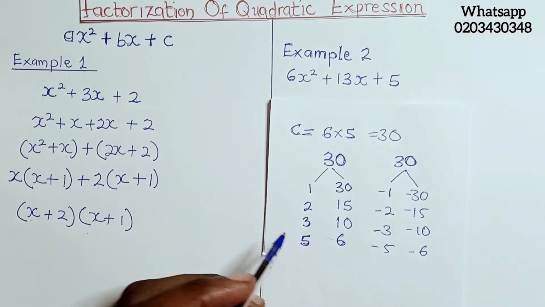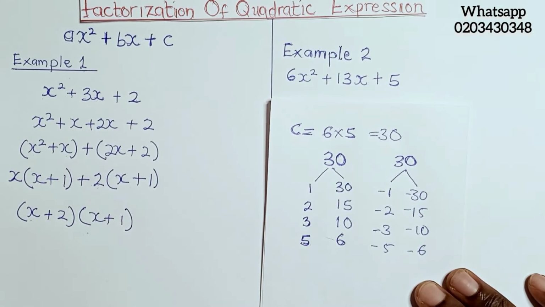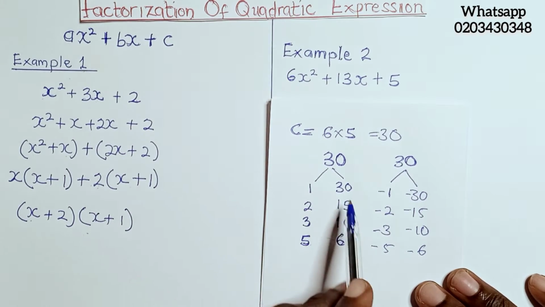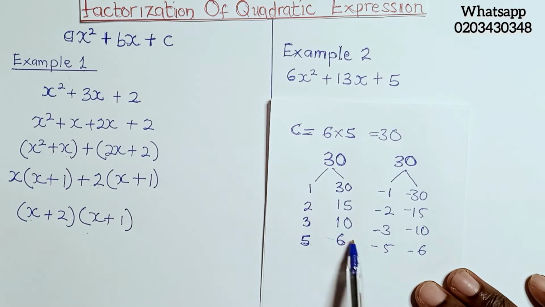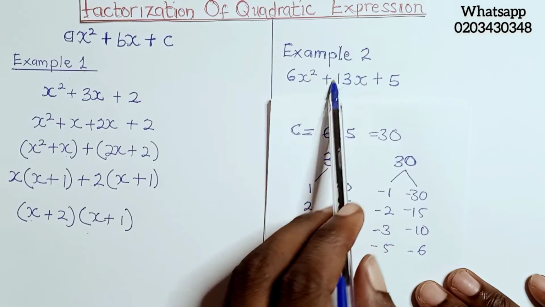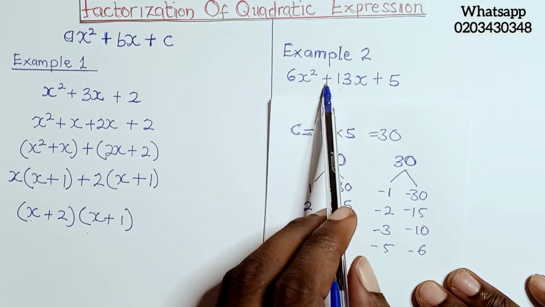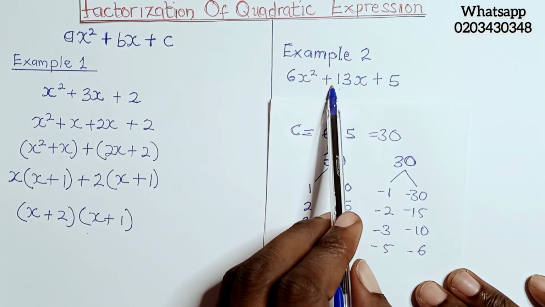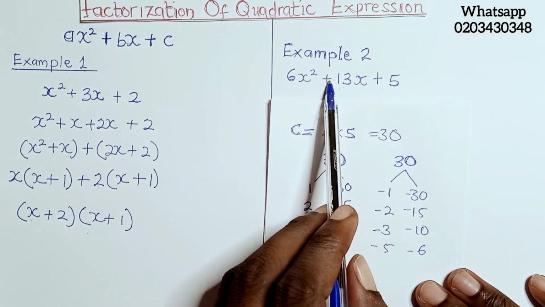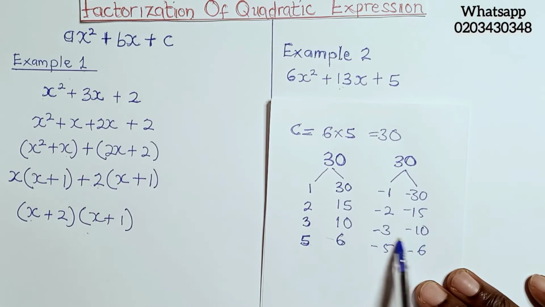So let's continue. Now the next step, after getting all the factors, you check which ones, when I sum them together, will give 13, the coefficient of x. The 13 is positive, it's not negative 13. If it is negative 13, then you come to the negative side.